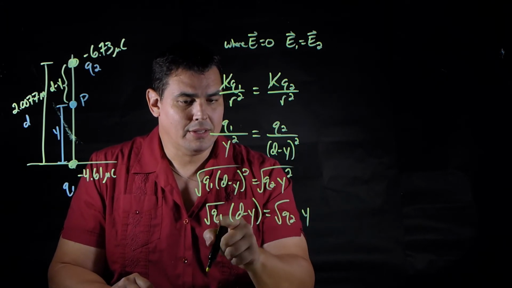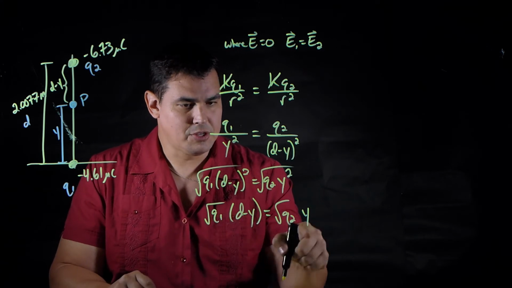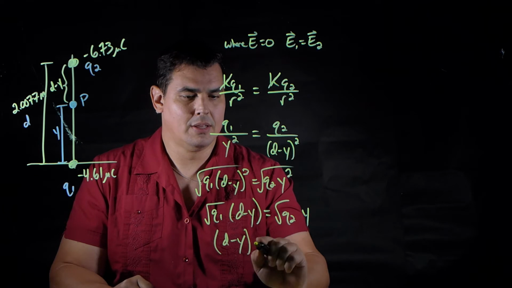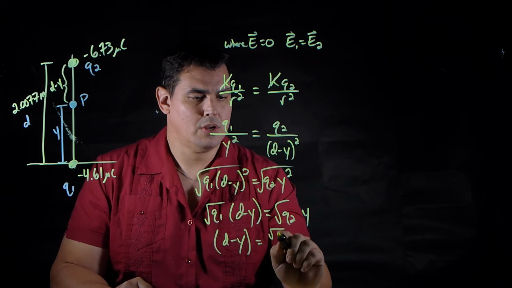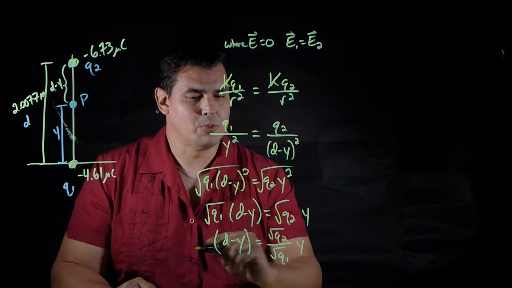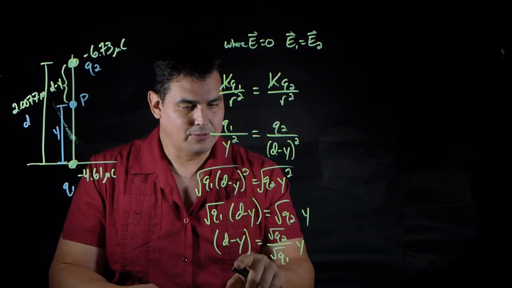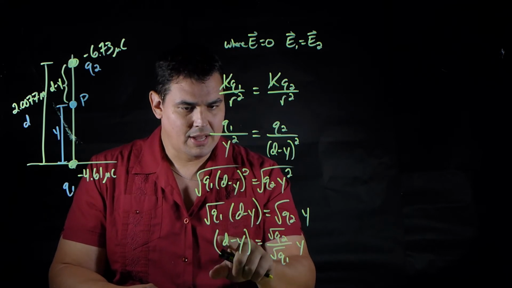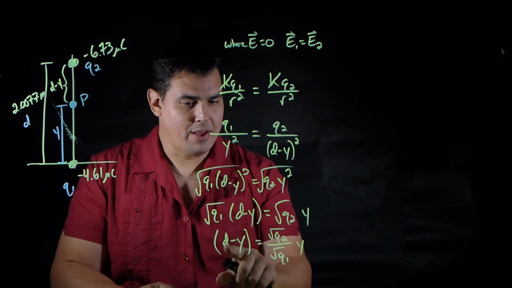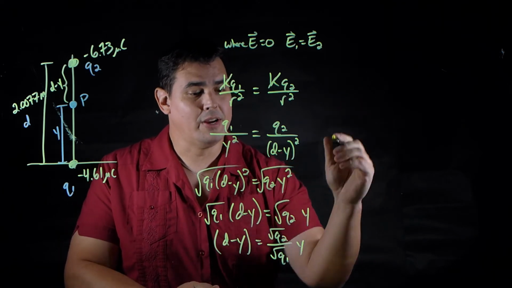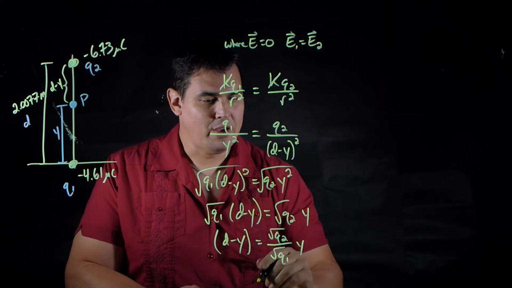So now let's move this Q1 over. So I've got D minus Y equals root Q2 over root Q1 times Y. So from here, right, I want to get Y by itself. I can get rid of these parentheses, right? So now I have D minus Y equals this. Okay, so let's come over here. I'm going to add the Y over.